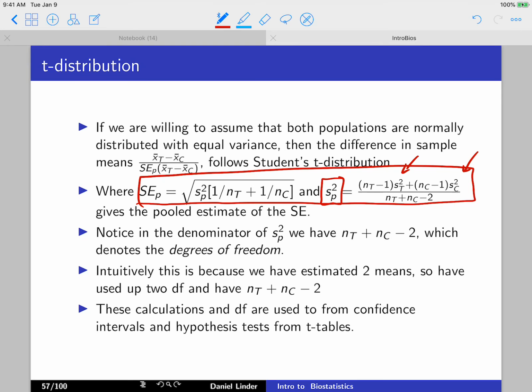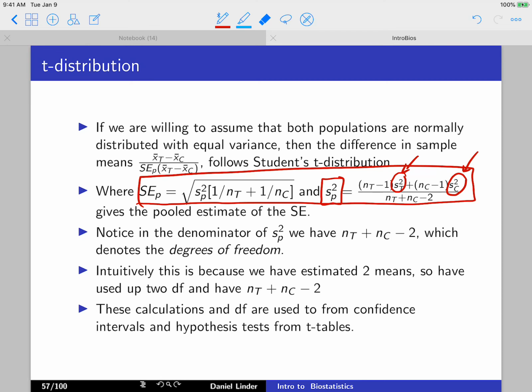The reason that it's a weighted average is because if you take the weight in front of this guy and add that to the weight in front of this guy, you would get 1. So this pooled estimate would give more weight to, say, the treatment group if there were more individuals in the treatment group versus the control group.